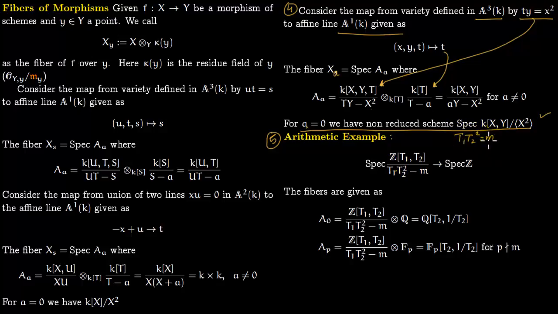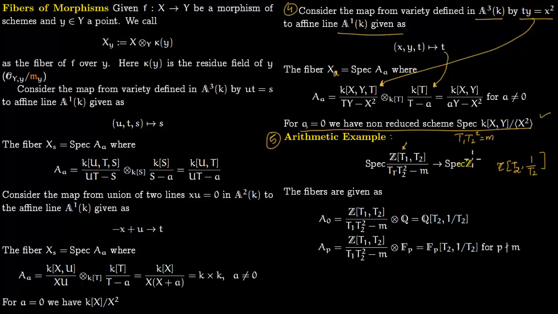So you can replace t1 by m divided by t2 square. So you do not need t1, this can be replaced. So this essentially just becomes Z[t2, 1/t2], because we can replace t1 from this equation here. So what are the fibers?